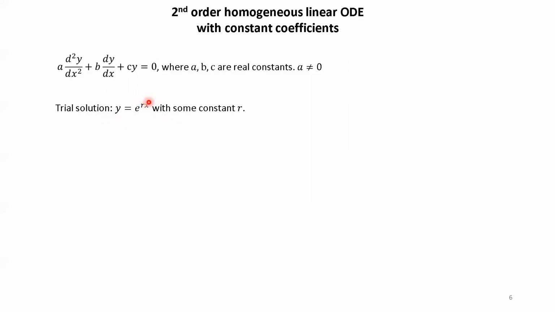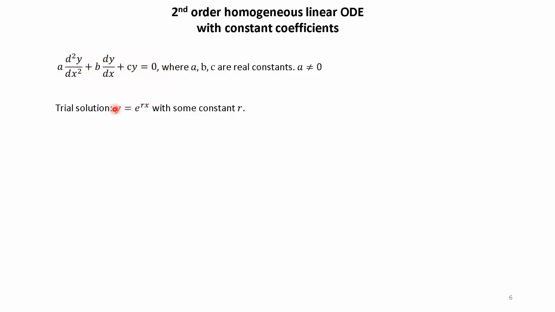I guess that makes sense to you, because you want to find a function that after taking a derivative still becomes itself, and after one more derivative also remains itself. Then you add them together, and there's the possibility that these three terms added together is 0.